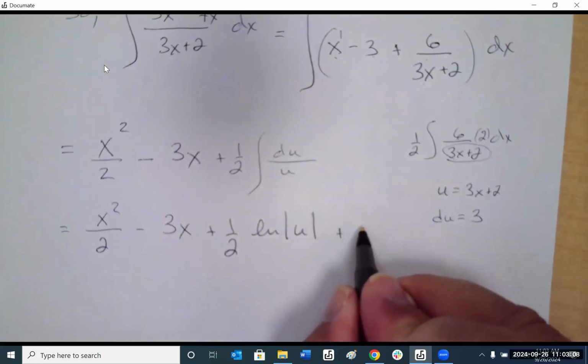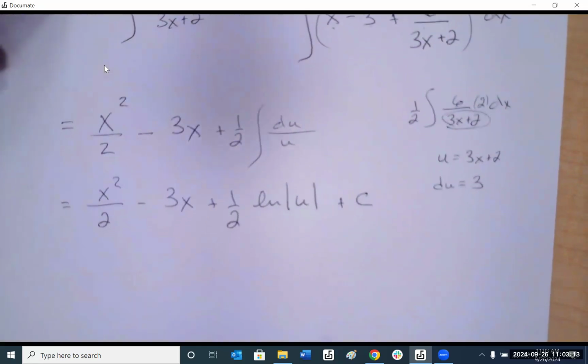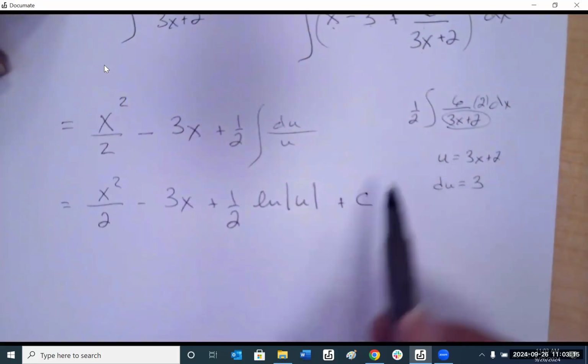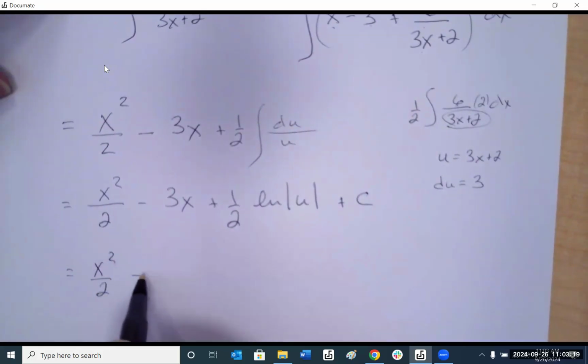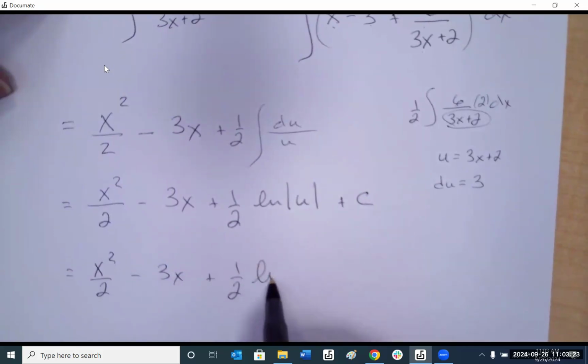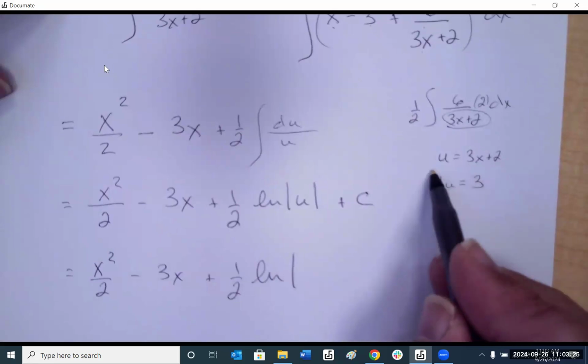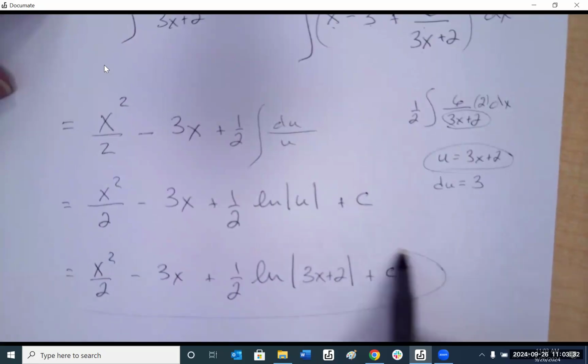Of course, now it's plus c since it's an indefinite integral. What is u? U is 3x plus 2. And there's your integral.